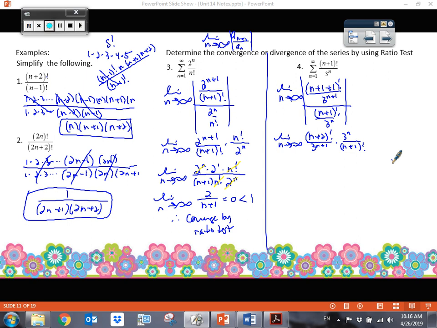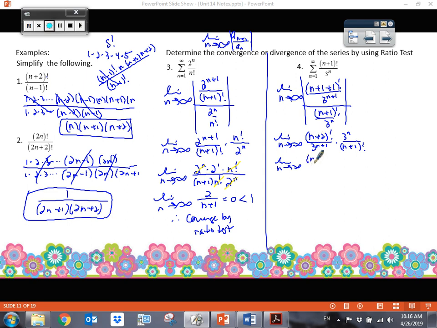The next step, just for y'all, I'm going to continue to expand out and simplify. I'm going to write down all the steps. Again, in your own work, you don't have to write all these steps, but I want to make sure we're clear. So which of these factorials is the smaller one? The one on the bottom, right? This one is the bigger one, so that's the one I'm going to expand.